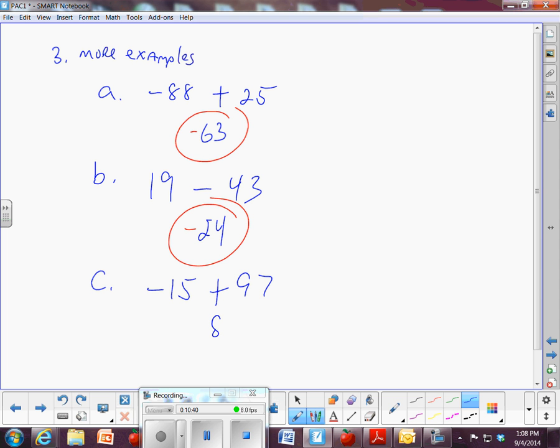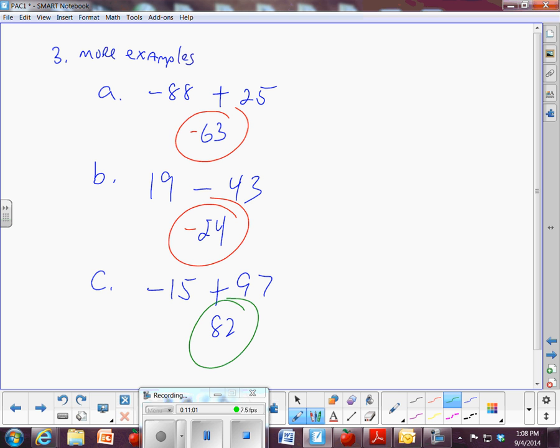That's 82. And are they positives or negatives? They are positives because there's more positives than negatives. Positive 82. Hey, that's all you've got to do when adding one positive and one negative number.